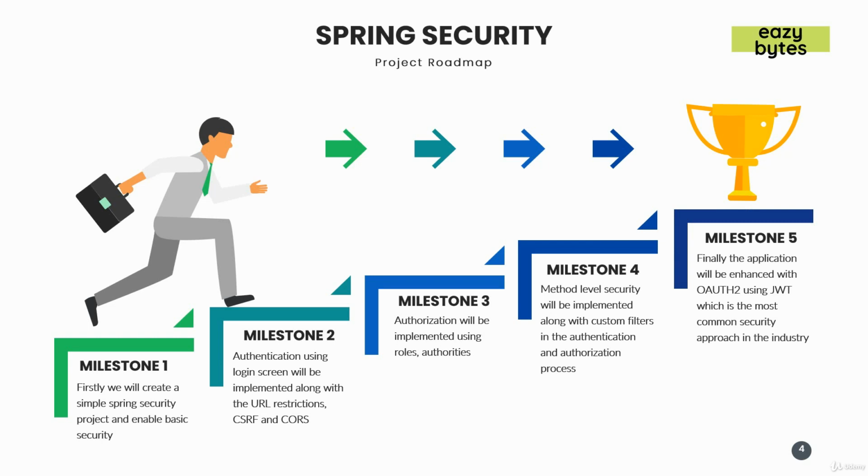While we are discussing section by section each theory topic of Spring Security, parallelly we'll be building an application throughout all these milestones, right from creating a basic Spring Security project and enhancing it to have a login page and implementing authentication, authorization rules inside it, and configuring passwords, method level security inside it, and at last we'll also build an application using the OAuth2 framework by pointing to the GitHub authorization server, where our project will point to the GitHub authorization server to allow the user to use his GitHub credentials to log in into our application.